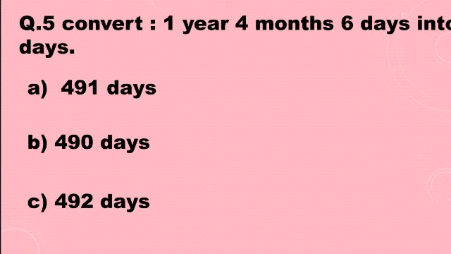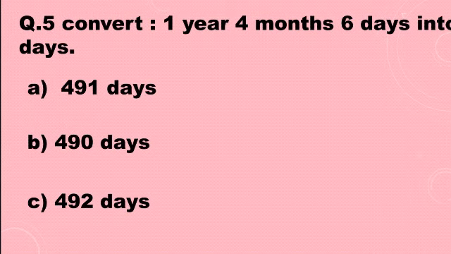But many of you, I saw, have converted year to months, and then you face a problem because the answer will not match the real answer. If you convert year to month, 1 year equals 12 months, and then months to days, 1 month equals 30 days.